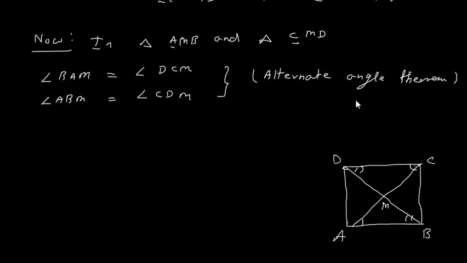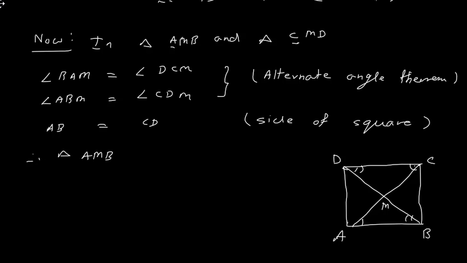Also, we have side AB equal to side CD. If you want to write a reason for this, you can say that sides of a square are equal. Side of square. Therefore, triangle AMB is congruent to triangle CMD.